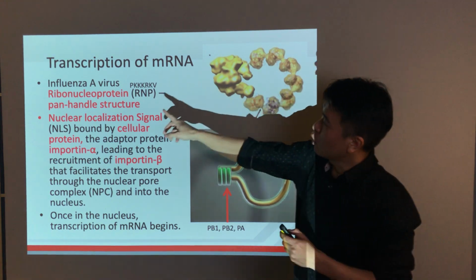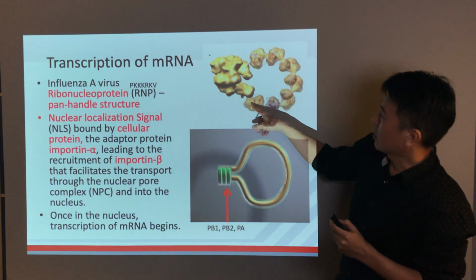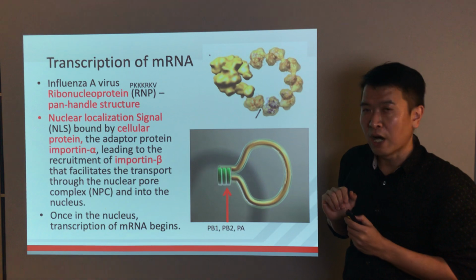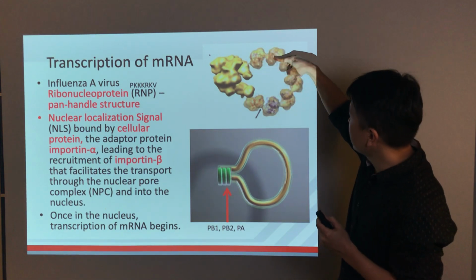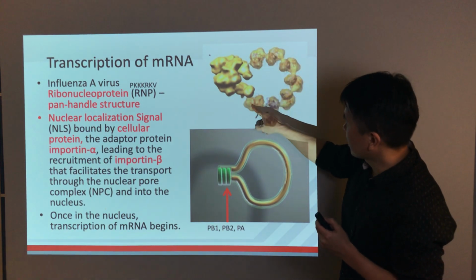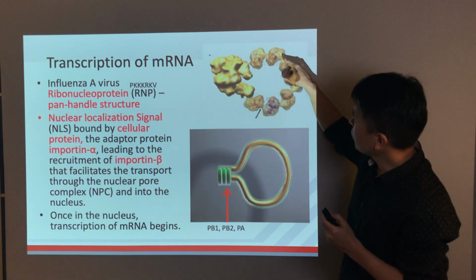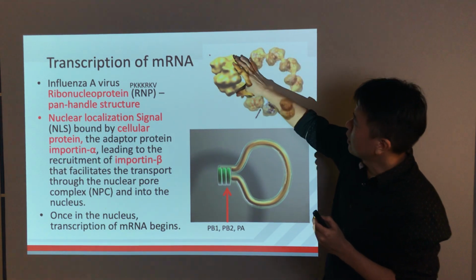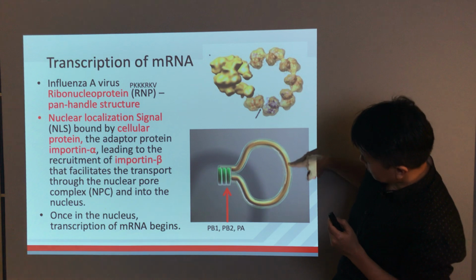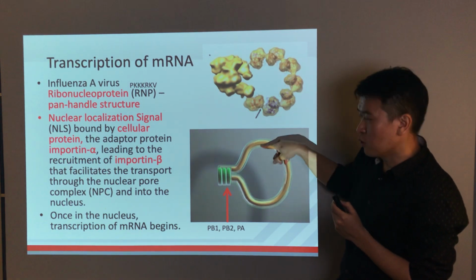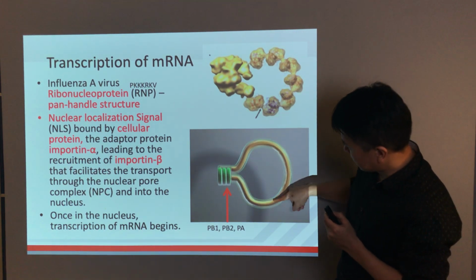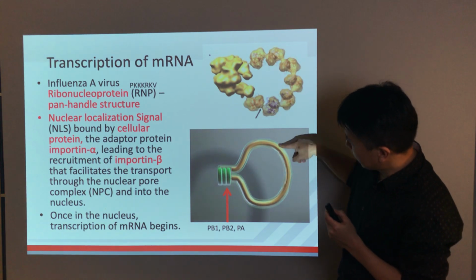So on the ribonucleoprotein or RNP, this is the shape of the RNP. The RNA is here, which is protected by MP protein. This is a simple version. RNA is in the center where it's protected by MP.